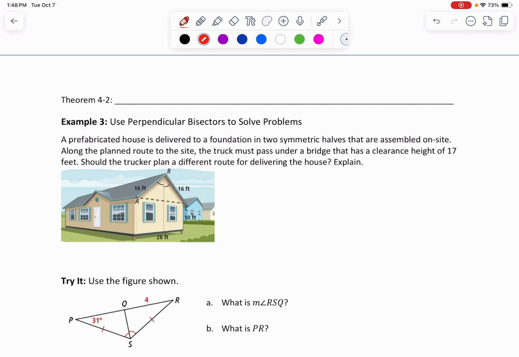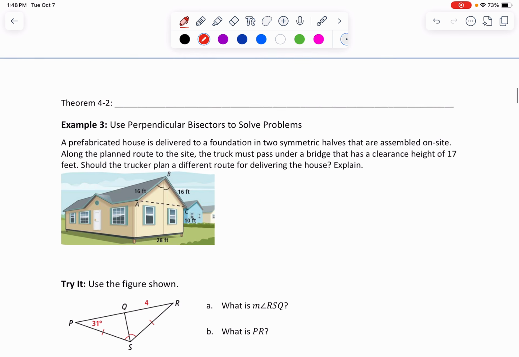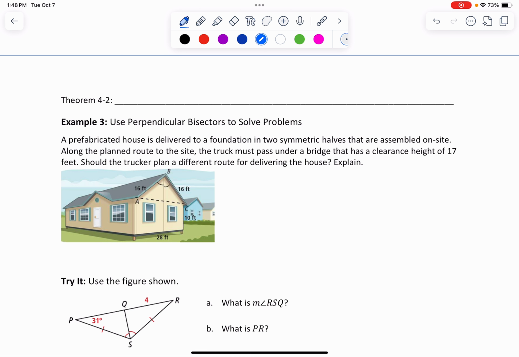Okay, we're going to move on to theorem 4.2, which deals with bisectors. So here's what it's going to be.